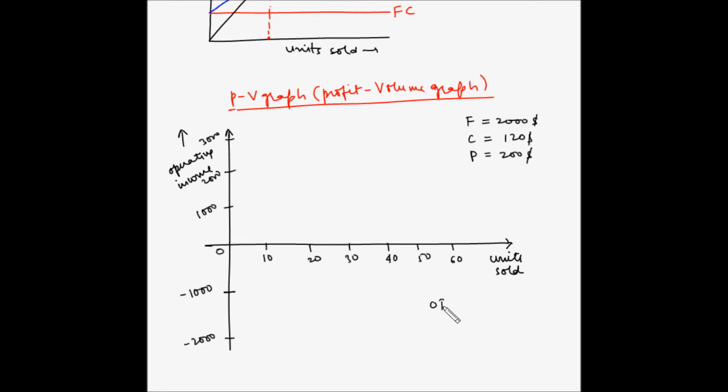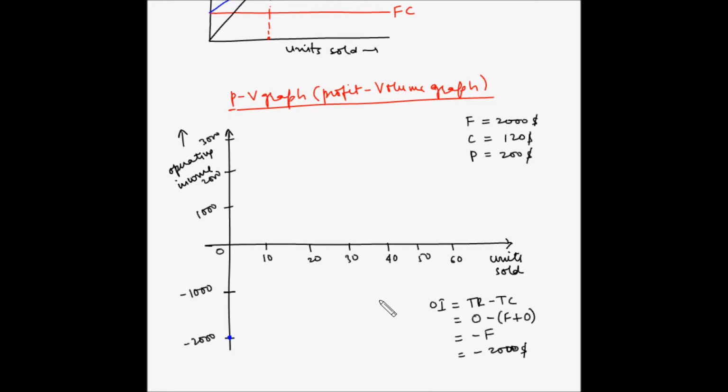So our operating income is the total revenue minus the total cost. Total revenue is 0 because we are not selling anything, and total cost is fixed cost plus the variable cost, which is also 0 because we are not manufacturing anything. So this is equal to minus F, and minus F is minus $2,000.